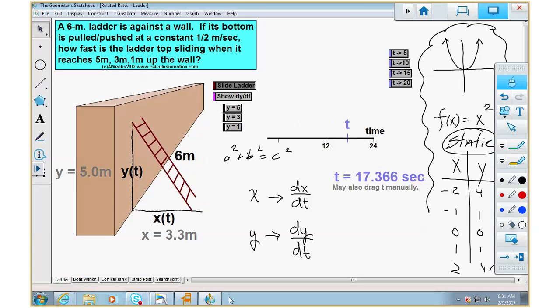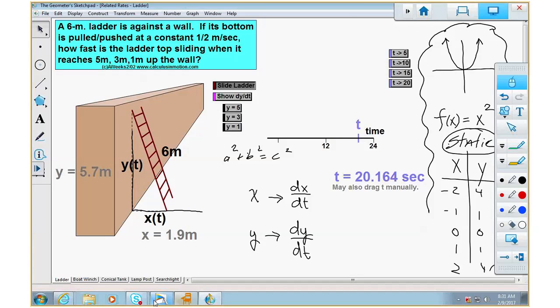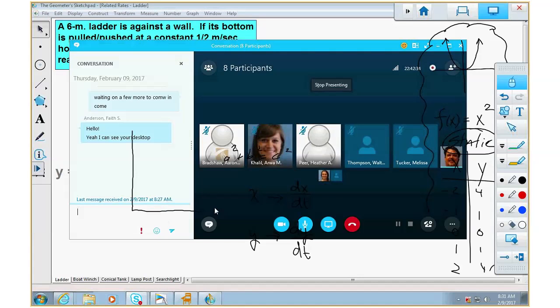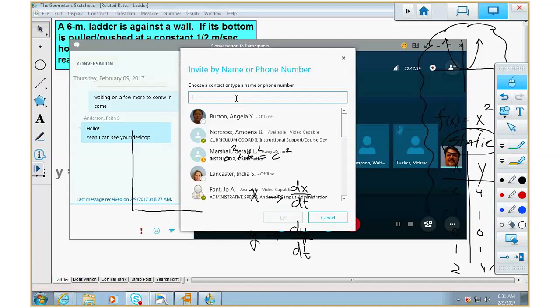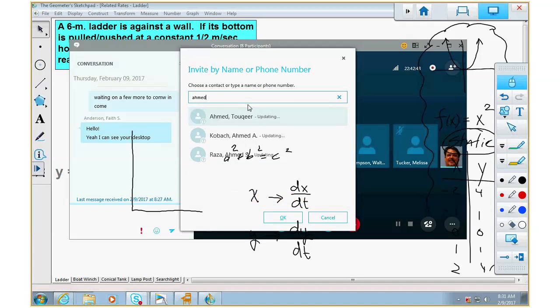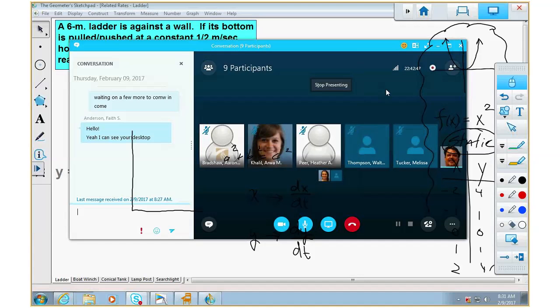Hold on. See when he pops in. Hold on. There he is.